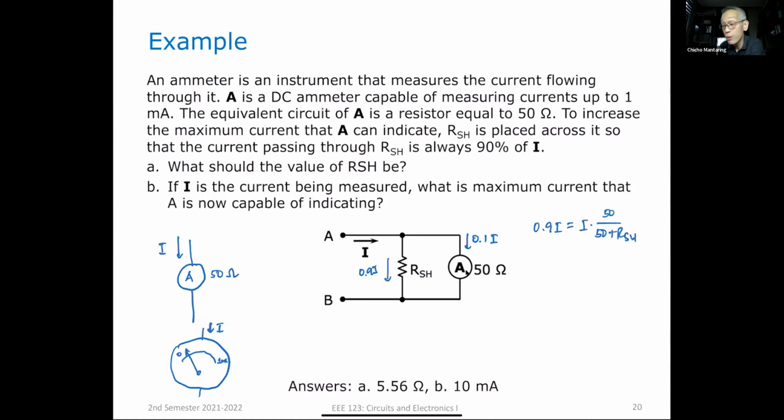That's current division. So this current is equal to this current multiplied by 50 divided by 50 plus RSH. And if I solve that, I'm going to get RSH is equal to 5.56 ohms.